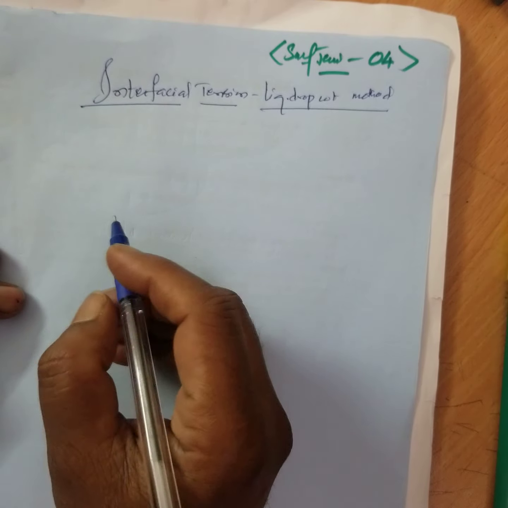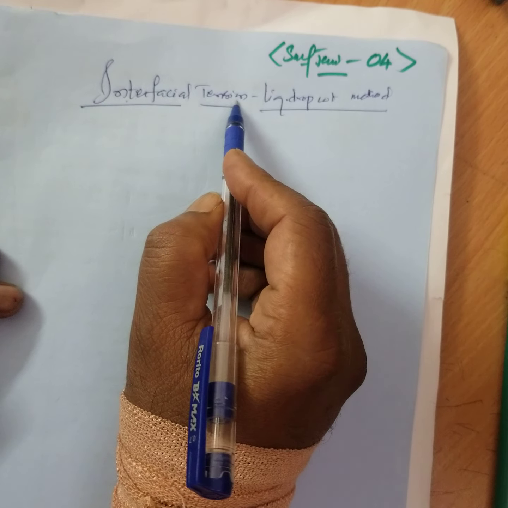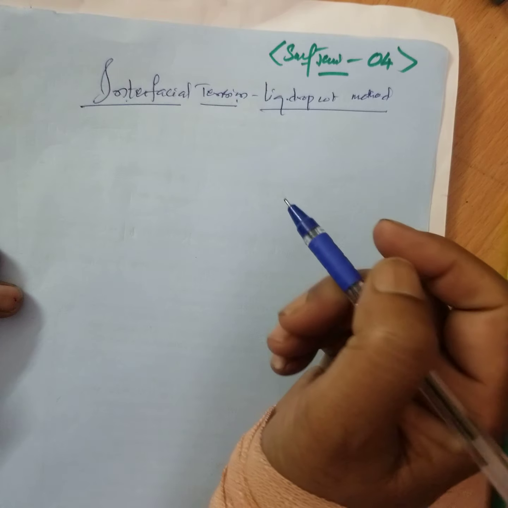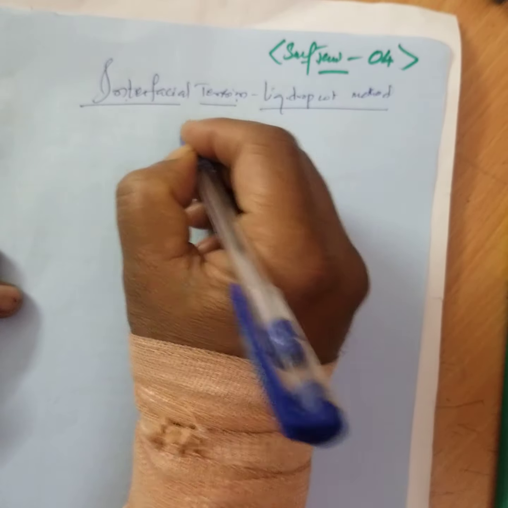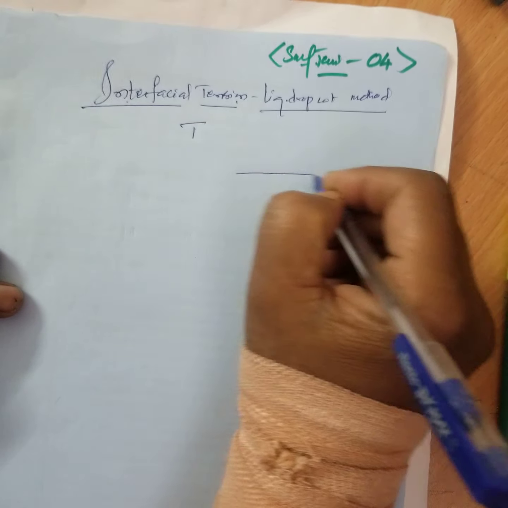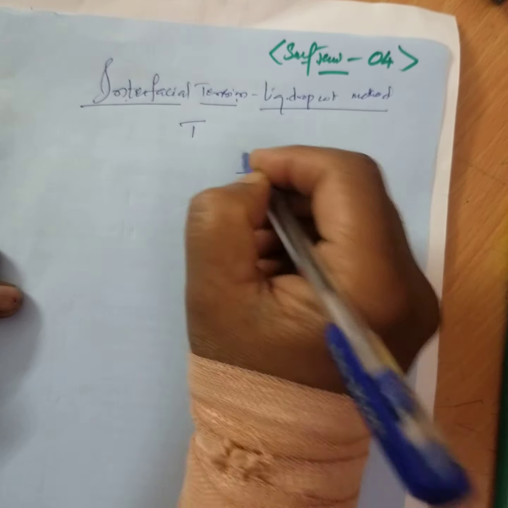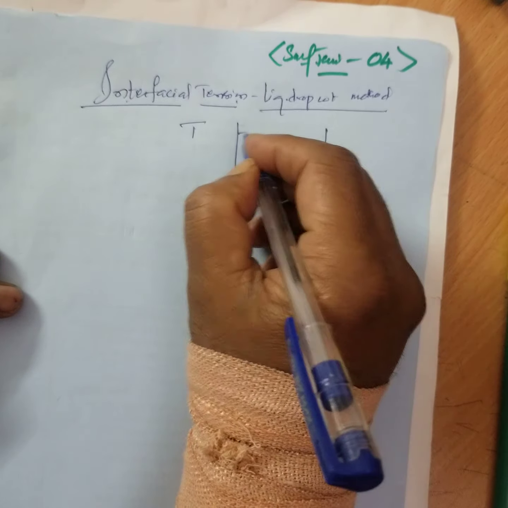Today we are going to discuss how to measure the interfacial tension by the liquid drop method. There is a surface tension that exists between, suppose, a water drop kept in another liquid.